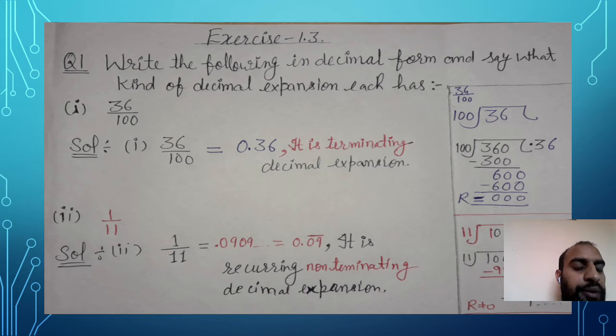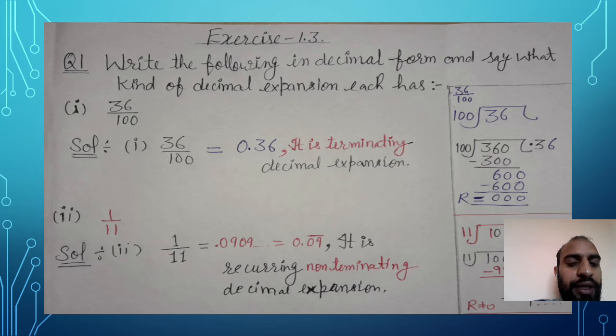Then it becomes 600. Then next is 100 6s are 600. Remainder is 0. So if remainder is 0, that means it represents terminating decimal expansion. So I hope it is clear to you how to solve terminating.